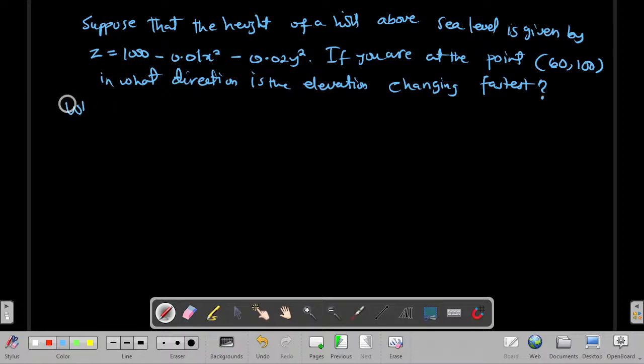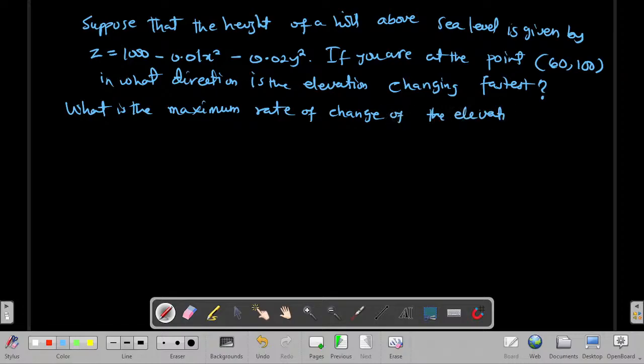What is the maximum rate of change of the elevation at this point?